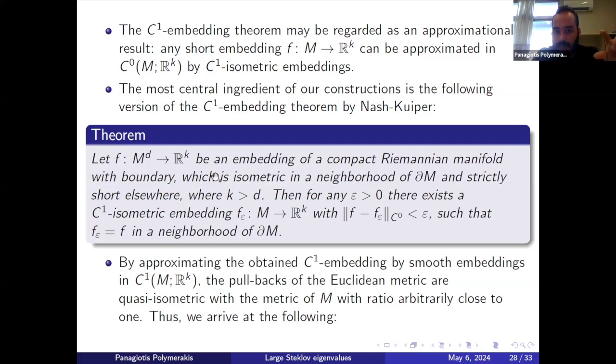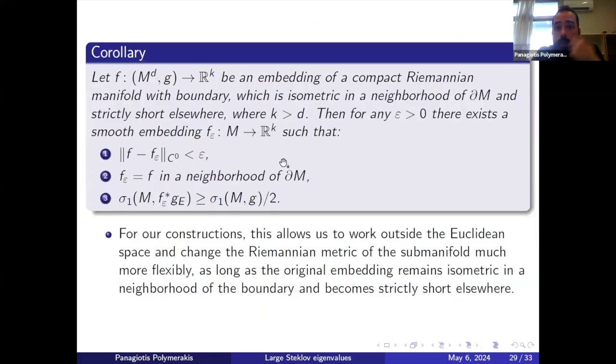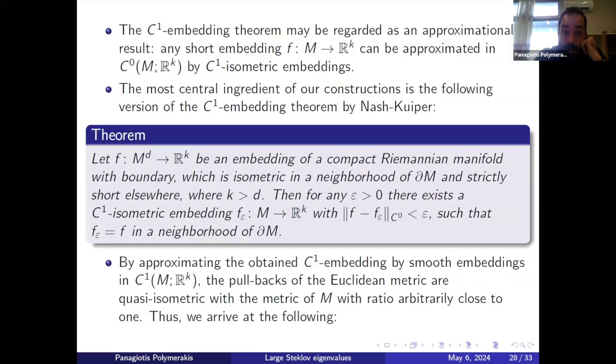So in this exact same setting, we can find smooth embeddings which coincide with the original embedding in a neighborhood of the boundary and are C0 close to the original embedding. However, we have C1 convergence of smooth embeddings to this C1 isometric embedding. So the induced metric from these embeddings is C0 close to the original Riemannian metric of M.